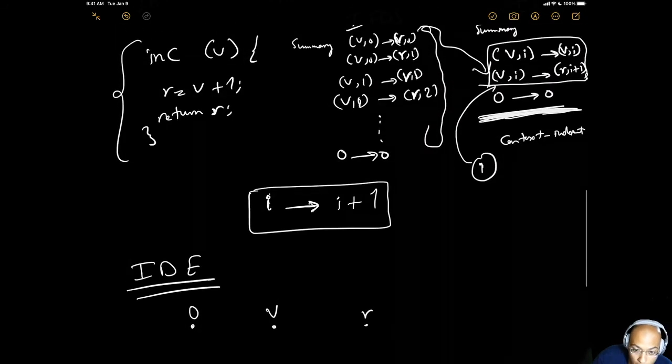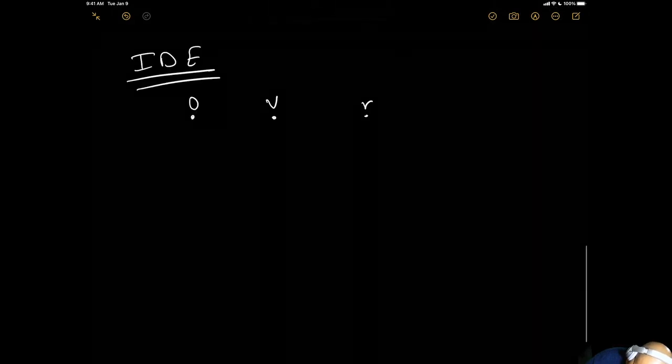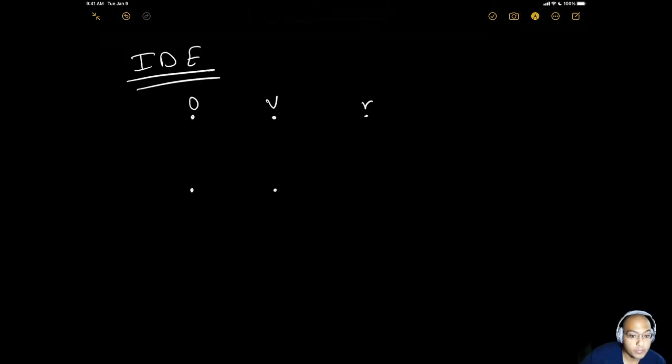V of I is mapped to R of I plus 1. So I need to have other nodes for after the statement. 0 is mapped to 0, V of whatever is mapped to itself again, and then V is mapped to R.